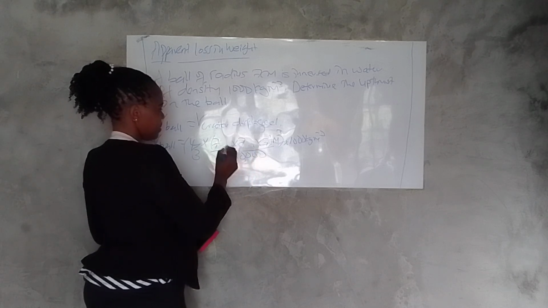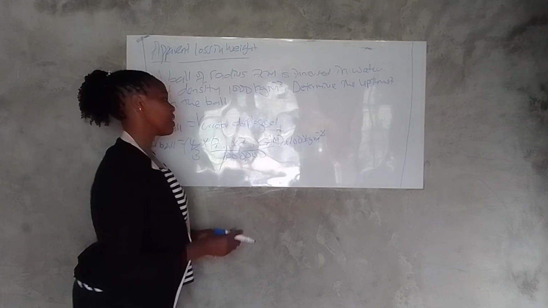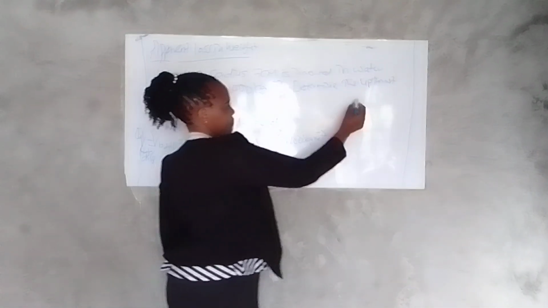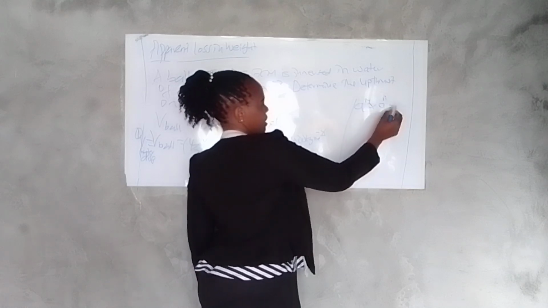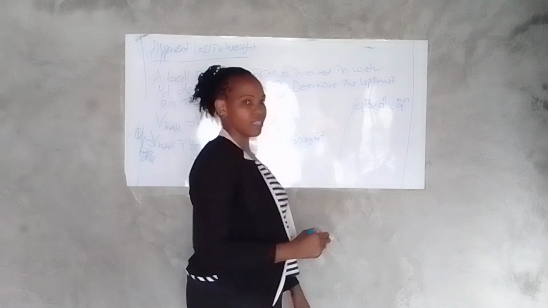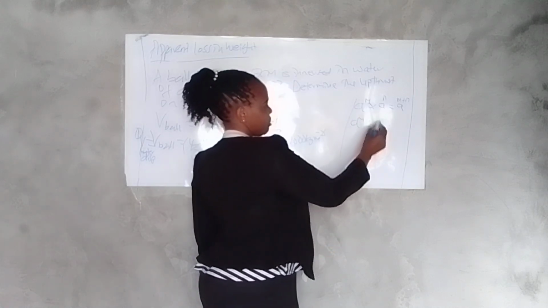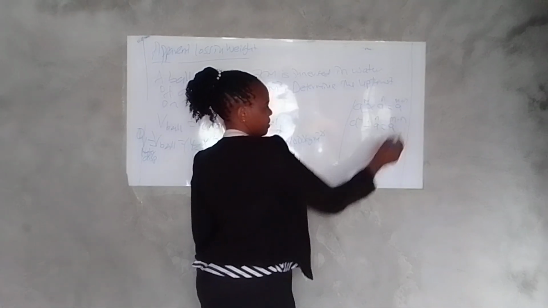So of course the per cubic meter will cancel with the cubic meters. Remember, if you have a raised to power m multiplied by a raised to power n, that is the same as a raised to power m plus n. If you have a raised to power m divided by a raised to power n, that's the same as a raised to power m minus n.